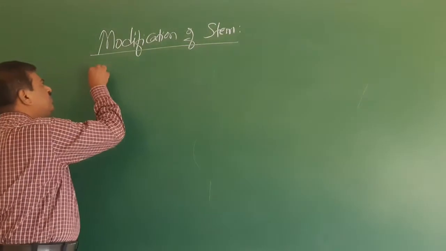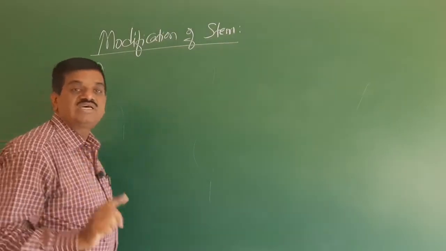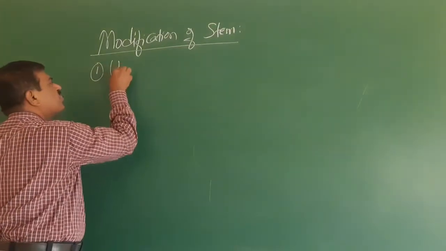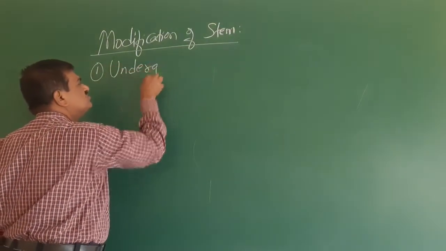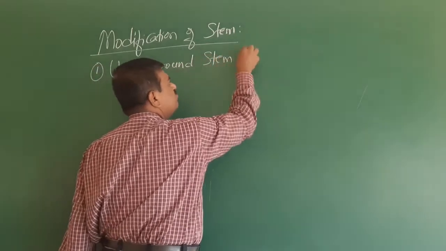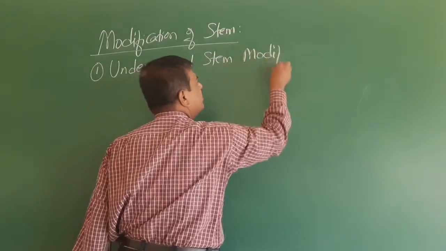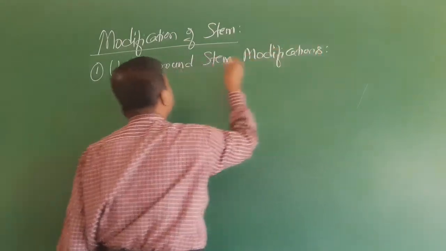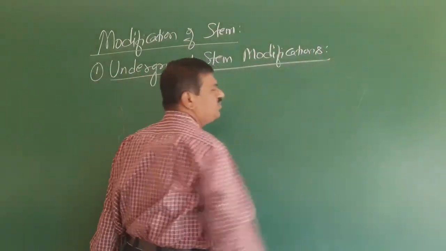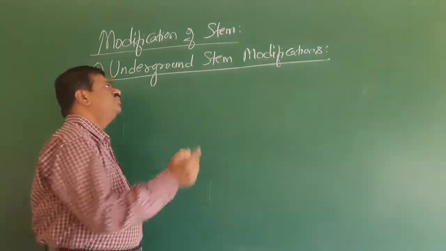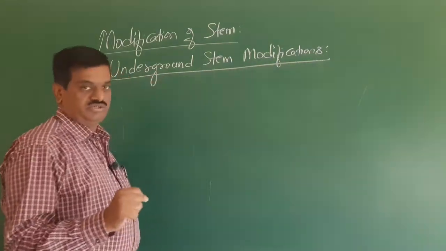So we are starting with the first one, underground stem modifications. Normally we know that the stem is above the ground. Here, the stem is below the ground.